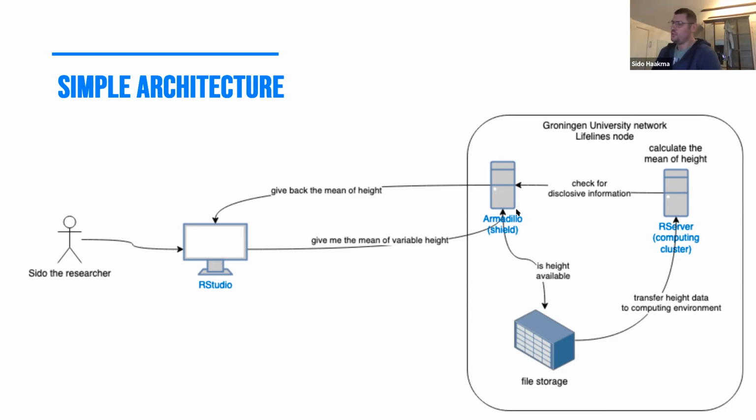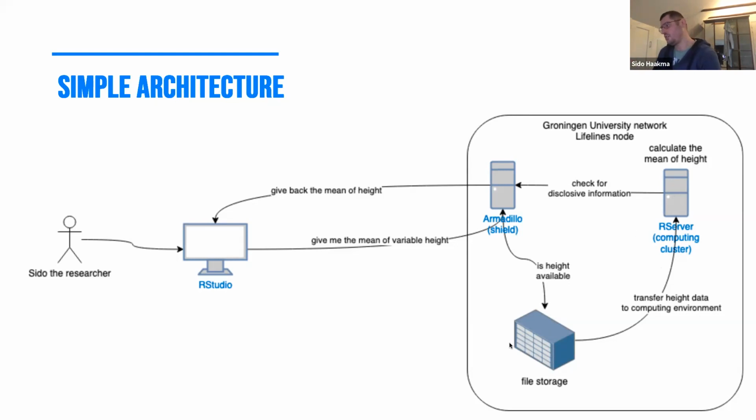And when you do the actual request, so if you want to have the mean of the variable height, then the Armadillo shield is actually determining if you can make the request, and if you can, then it's determining if height is available on the file storage, and then it makes a copy action from the file storage to the compute environment to actually make the data available here. And this needs to be fast, so you can do your calculations in a fast way.